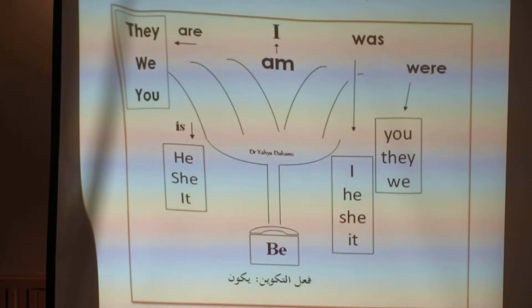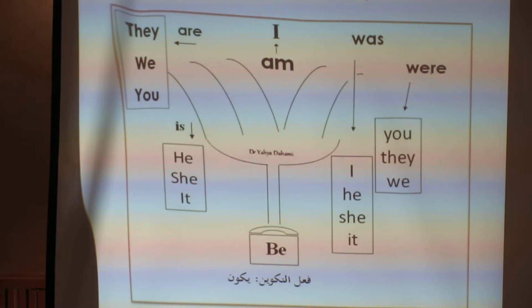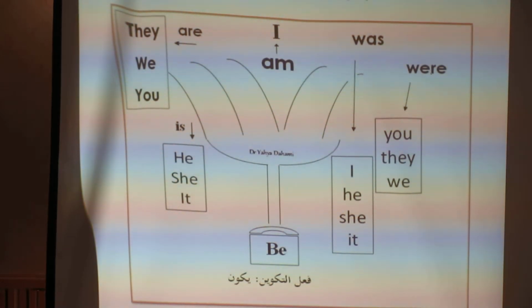The verb is derived into three parts. Am, is and are. Am we always know, but sometimes we don't understand. I am, we say ana. I am, ana. So I am, and am is the verb. Be, akun, yakun.